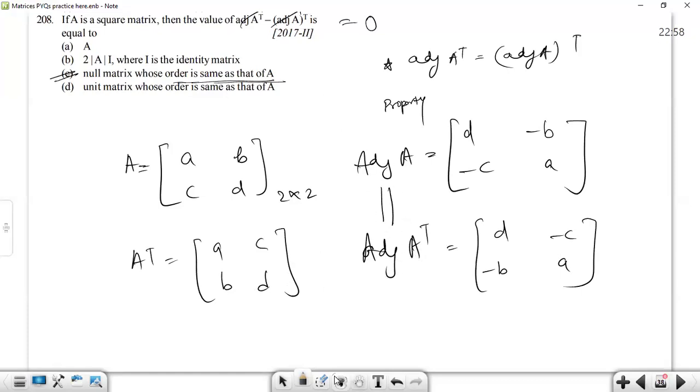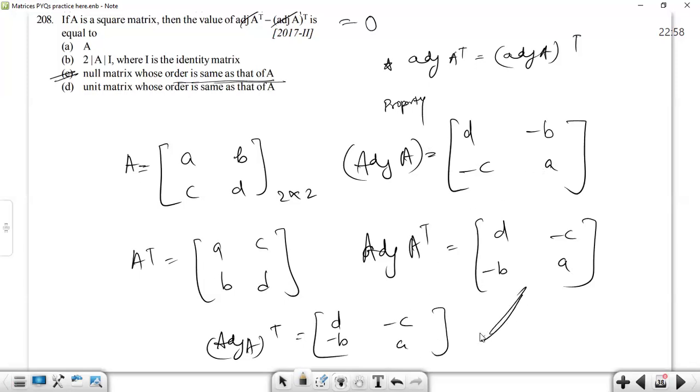Now wait a minute. What we are discussing is adjoint of A's transpose and the transpose of adjoint A. So let's find out its transpose. So adjoint of A whole transpose: the first row becomes the first column, second row becomes the second column.